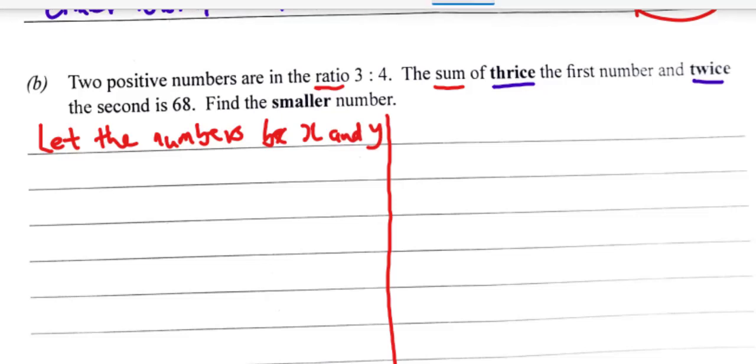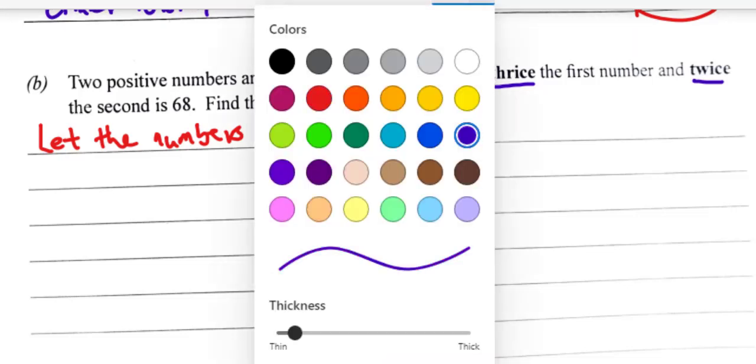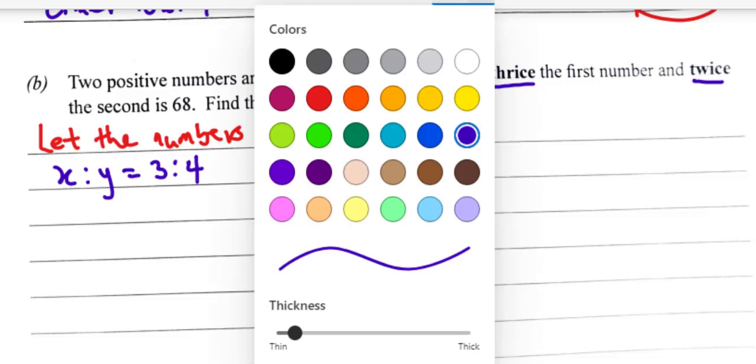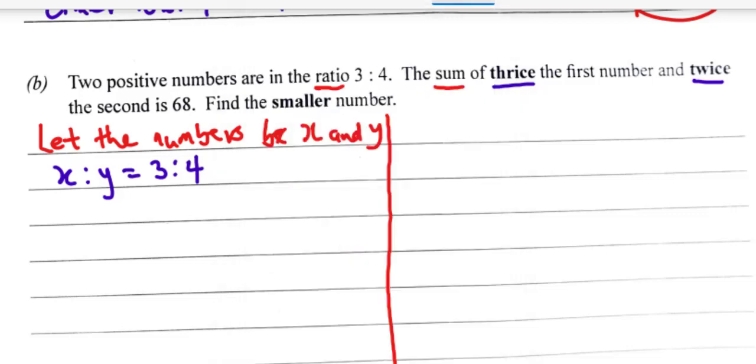I don't know the numbers, so let them be x and y. If the numbers are x and y, then the number x is to y is equal to 3:4, because the numbers are in this ratio. At the moment you write this, ratio means division, so this can be interpreted as x over y equals 3 on 4. So that is it. I've gotten one equation in terms of x and y.